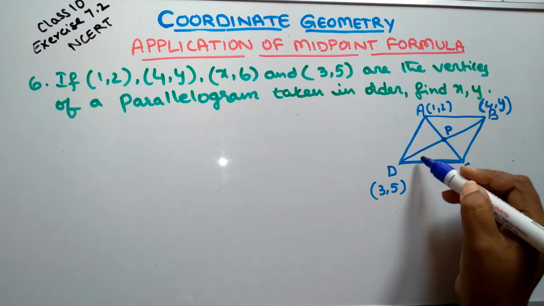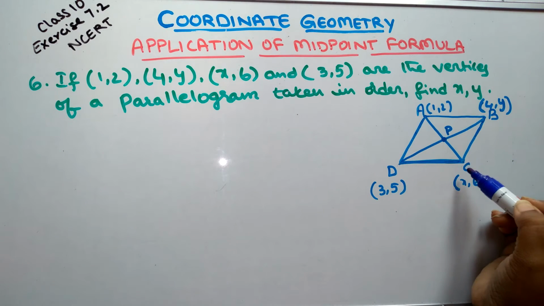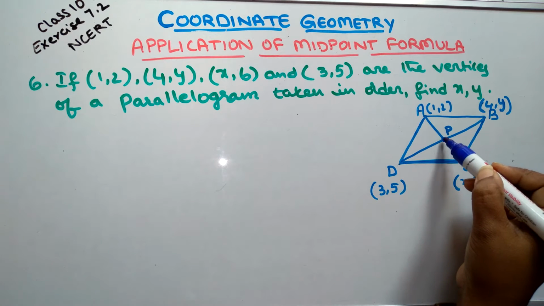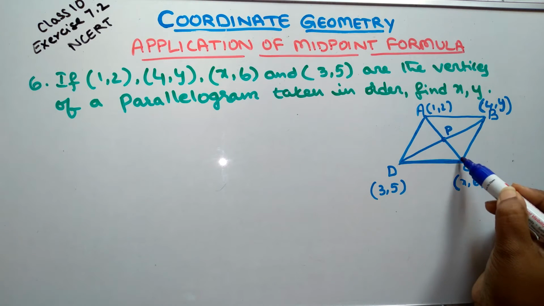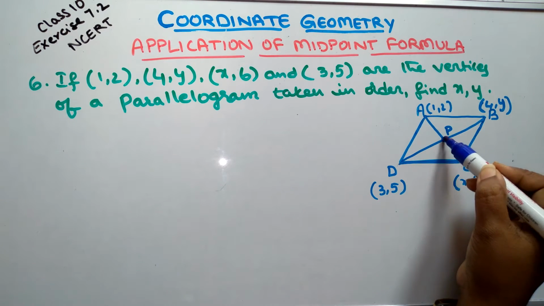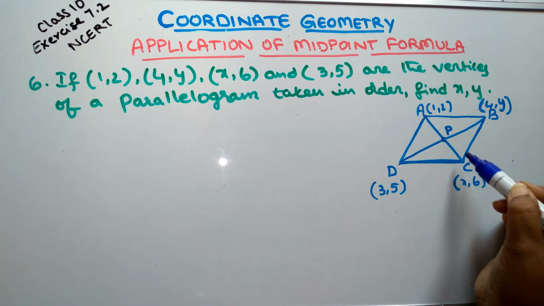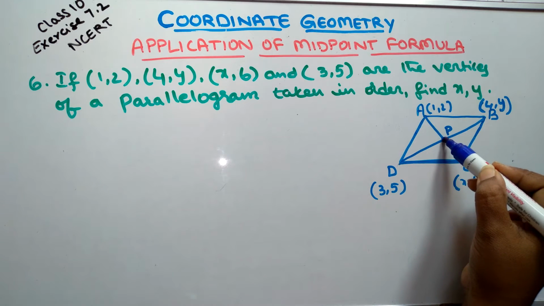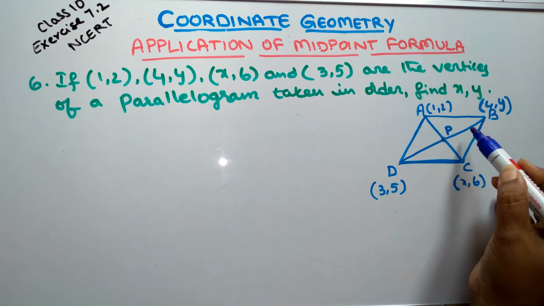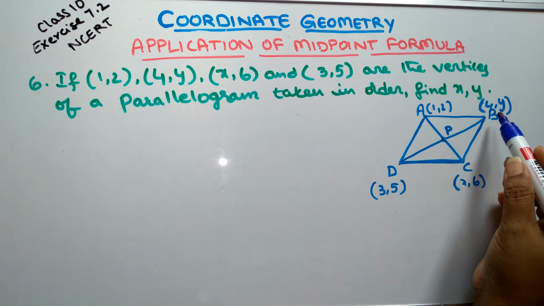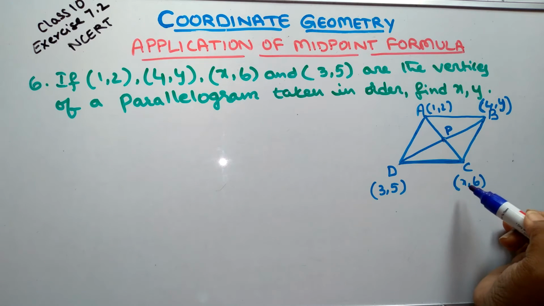Similarly, the BD diagonal divides AC into two equal parts. That's why again P is the midpoint for AC also. P is the midpoint for BD as well as P is the midpoint for AC. So, by using the midpoint formula, we can equate the coordinates and find the values for x and y.